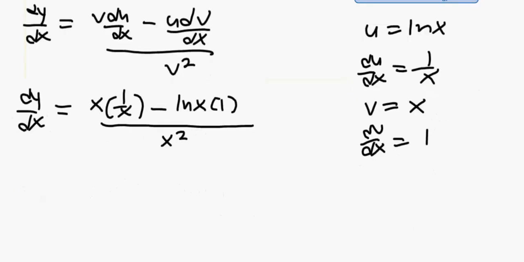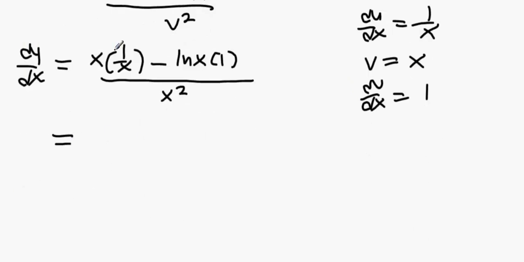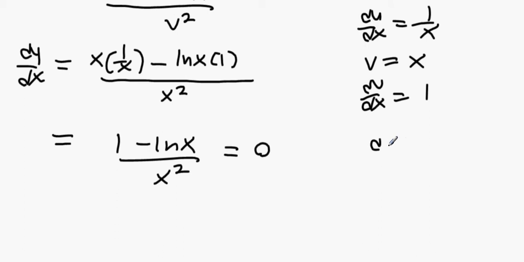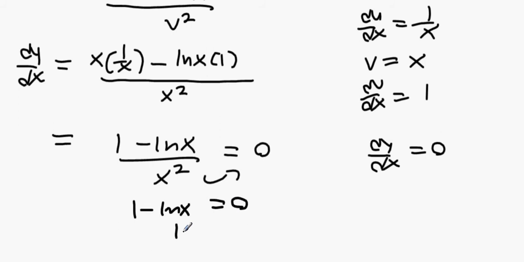And so x divided by x is 1, so 1 minus ln x all over x squared is the first derivative, and this has to equal 0, because for the turning points, dy/dx equals 0. Let's solve this. x squared cross multiplies up, which means it disappears, and we get 1 minus ln x equals 0. Therefore ln x equals 1.